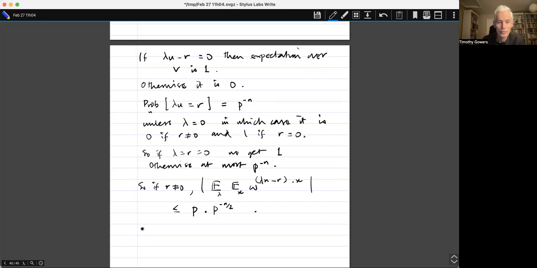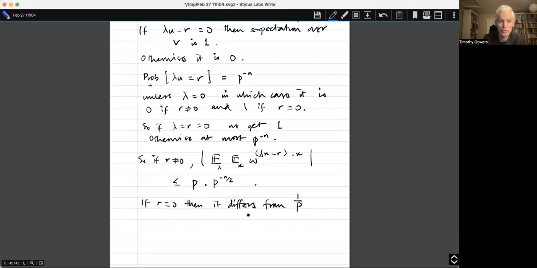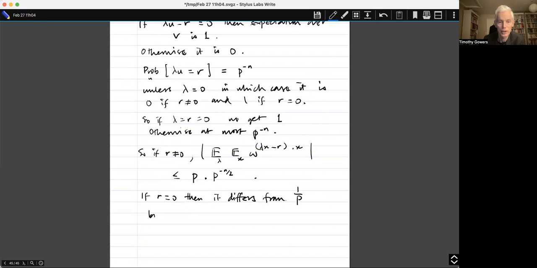And if r equals 0, then we get a contribution when lambda equals 0 of 1. So then it differs from 1 over p, because that happens with probability 1 over p, by at most p times p to the minus n over 2 by the same estimate.